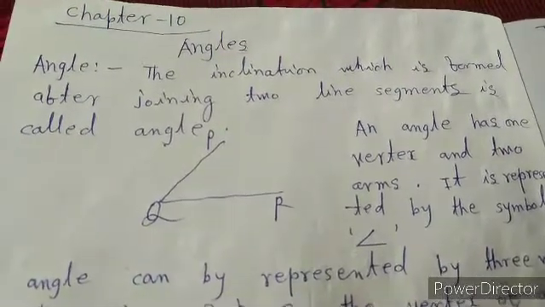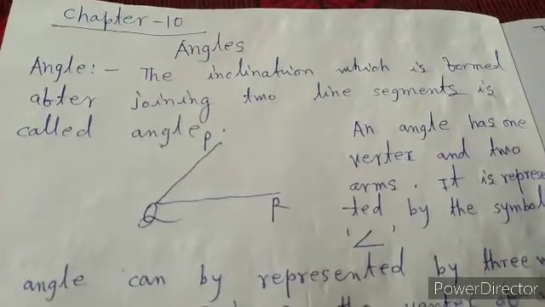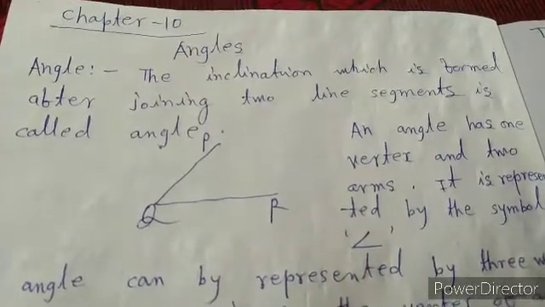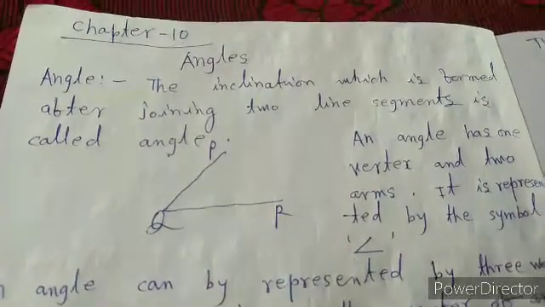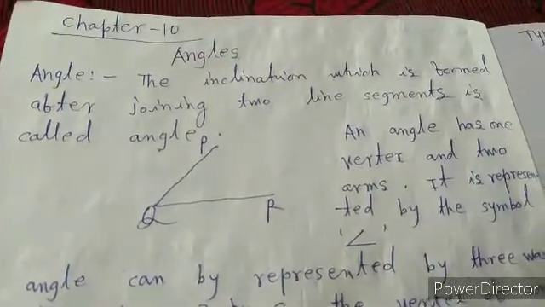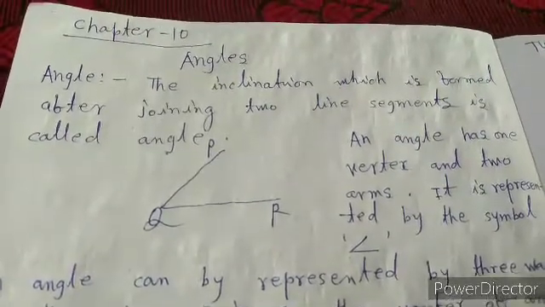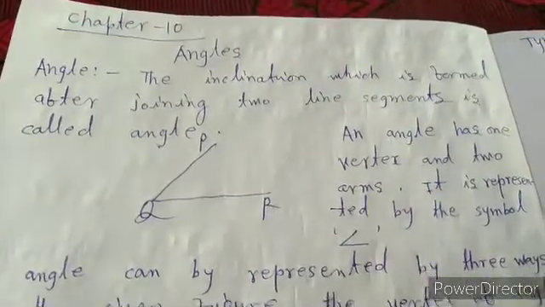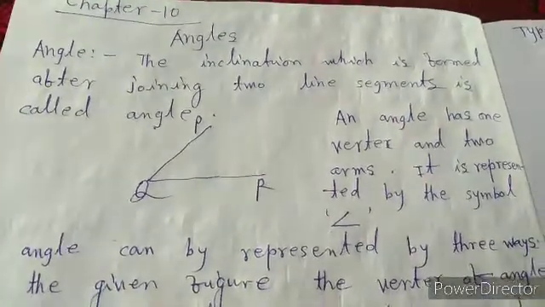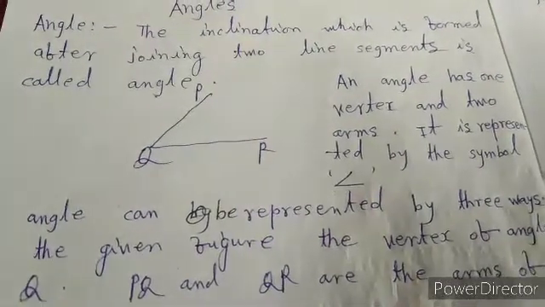Chapter 10, Angles. Angle: the inclination which is formed after joining two line segments is called an angle. An angle has one vertex and two arms. It is represented by the symbol angle. An angle can be represented in three ways.